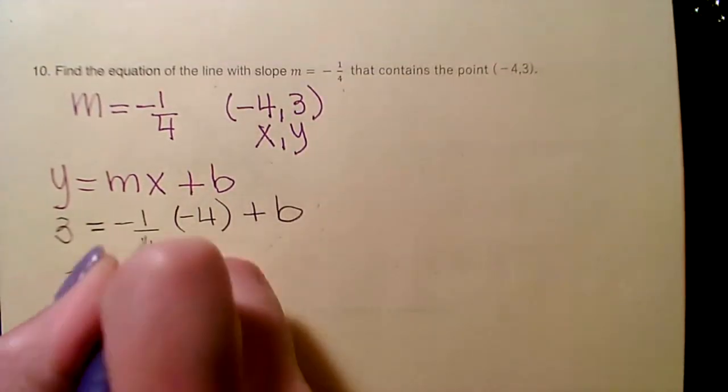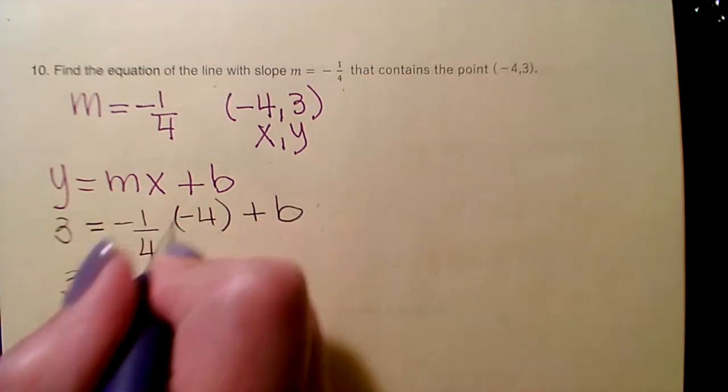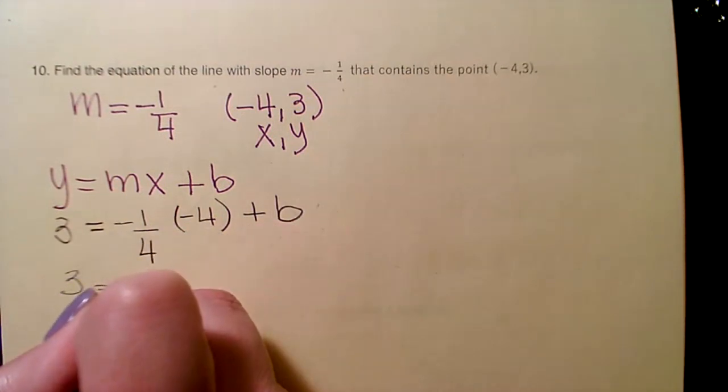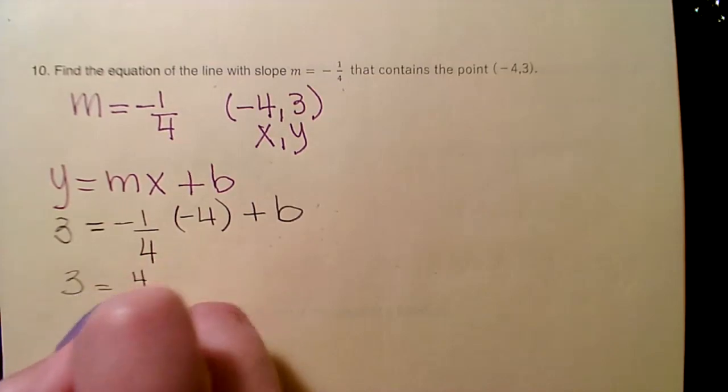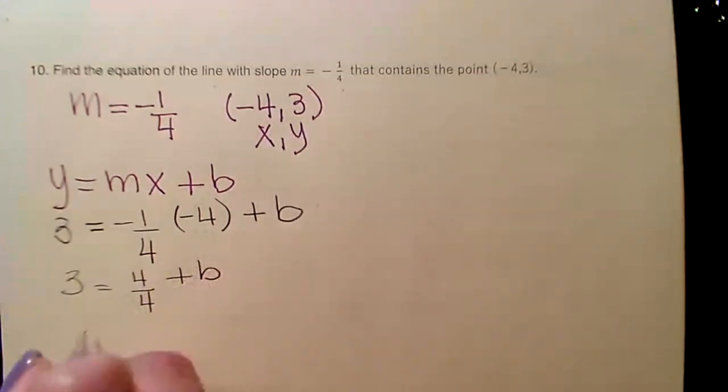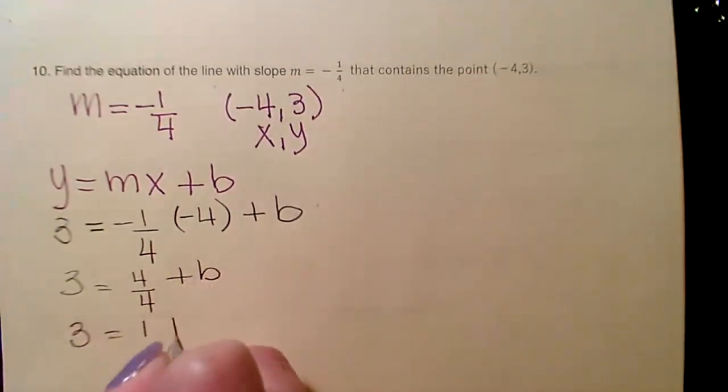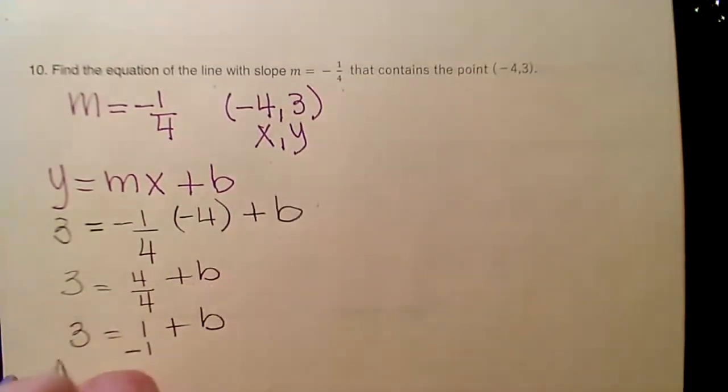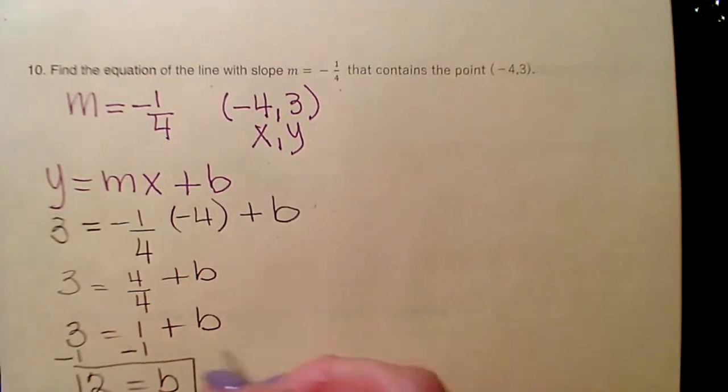So negative 1 times negative 4 is positive 4, divided by 4, plus b. So this is going to be 1. I'm going to subtract 1 on both sides, and b is going to be equal to 2.